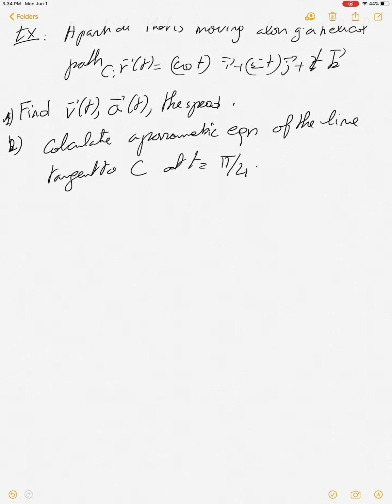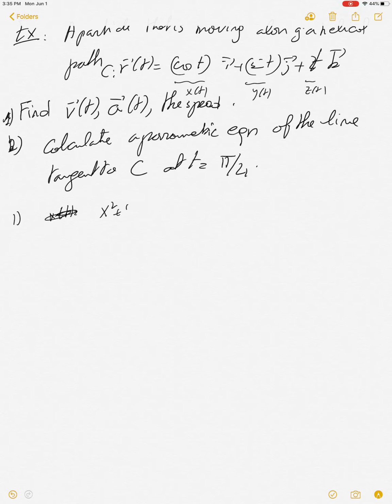So you can solve this exercise without drawing it, but let's draw it. It's very important. I don't want you to just calculate things; you should care about what's going on, what this question is saying. So what do you know about the path here? It's moving such that x of t is cosine, this is x of t, this is y of t, and this is z of t.